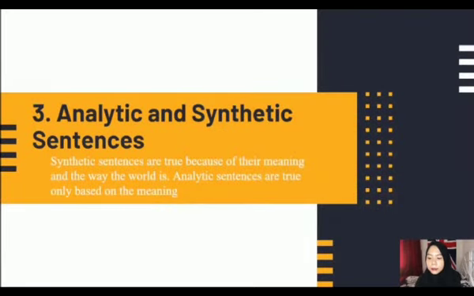And the third topic is about analytic and synthetic sentences. An analytic sentence is one where only the analytic process can decide that the sentence is true. It has individual words that make it always true.